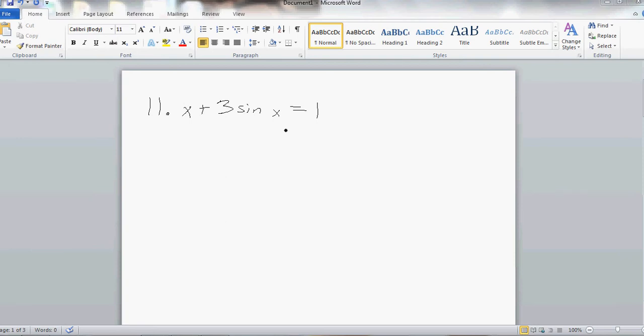First thing we're going to do, get everything to one side and 0 on the other. So it's x plus 3 sine of x minus 1 equals 0. Then what we need to do is graph this. We're going to graph x plus 3 sine x minus 1, and look for the x-intercepts.